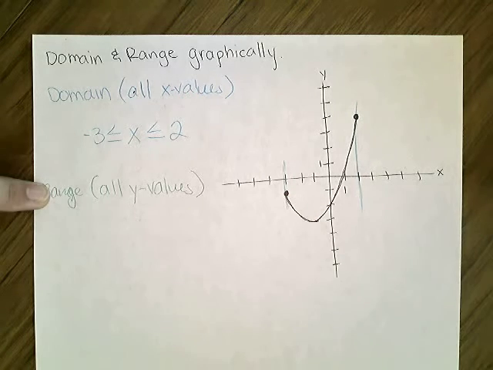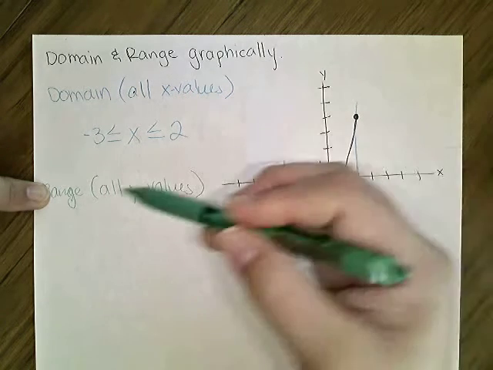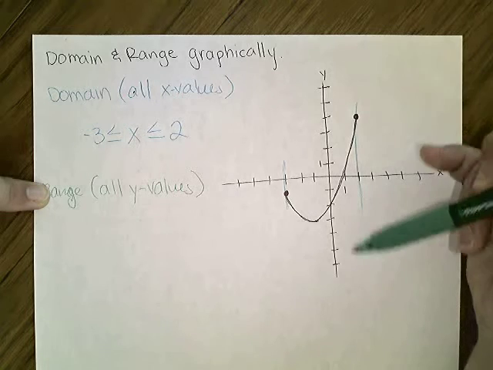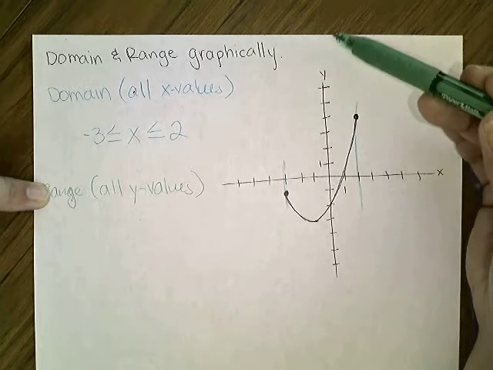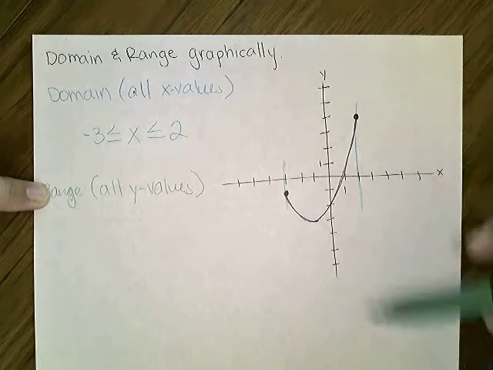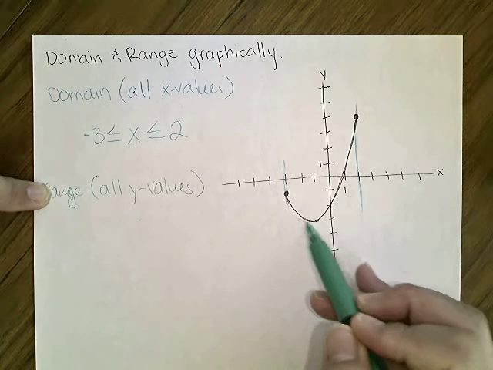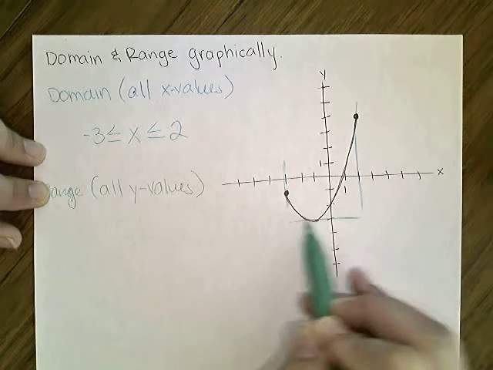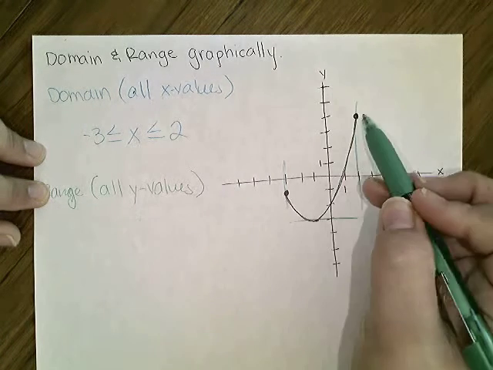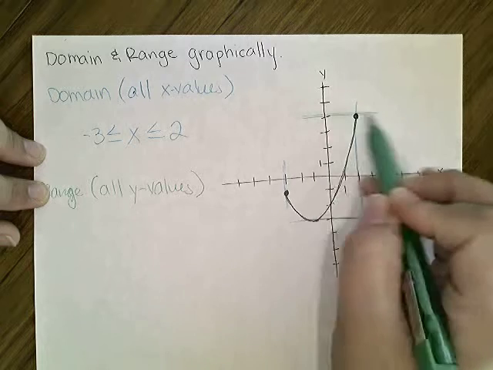Then when we're looking for our range, our range is our y values, so that means going up and down. We're going to do the same thing: find the lowest possible y value on our graph, that's this point here, and then our highest possible y value on our graph, which is that point there.